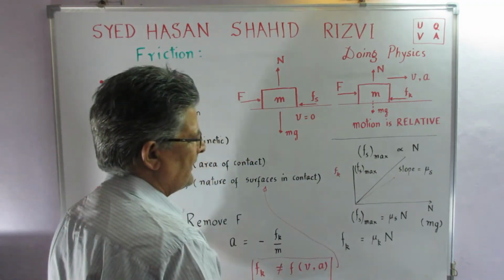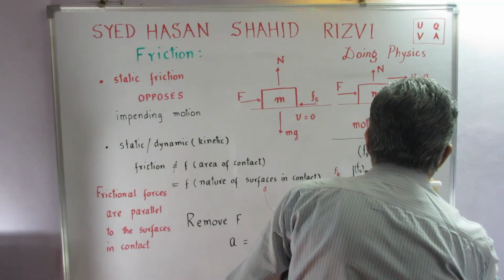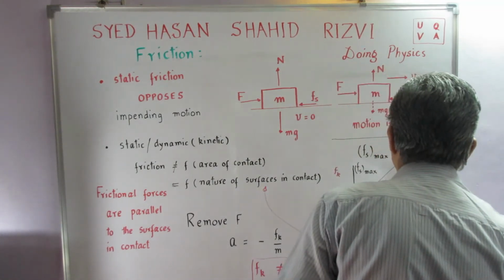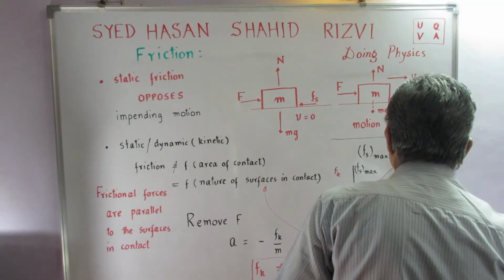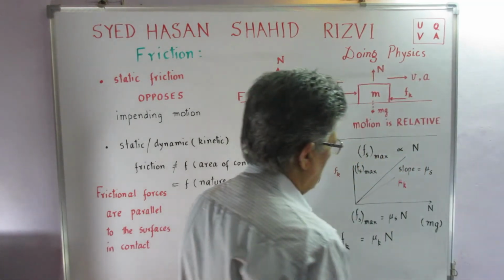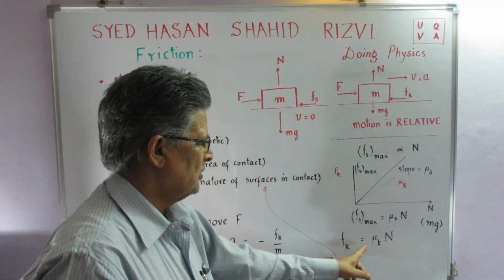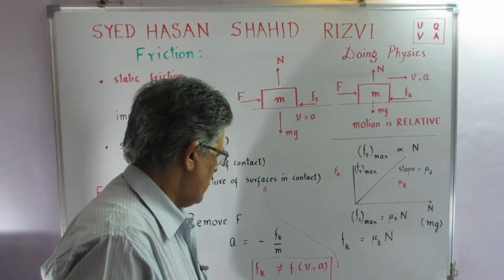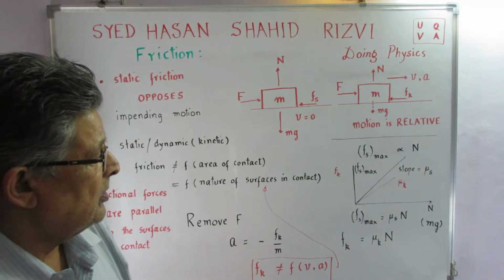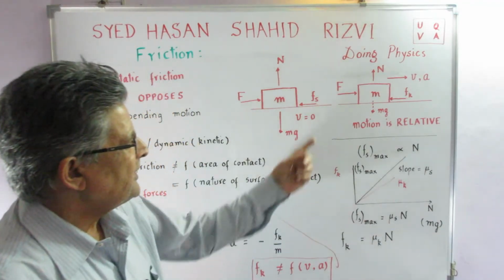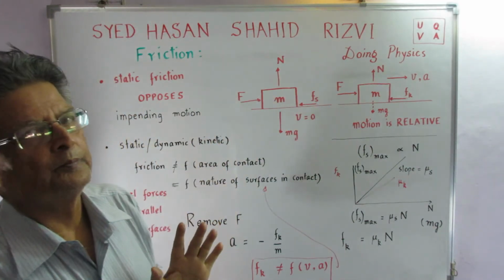So mu s here, and the slope I'll get is mu dynamic or mu kinetic, whatever you want to write, we are free to write that, and then Fk is equal to mu k into N. And now what I suggest is that we remove the applied force.